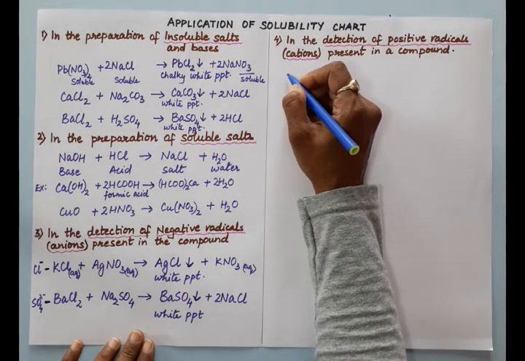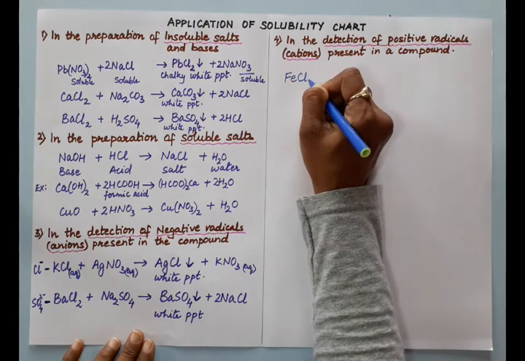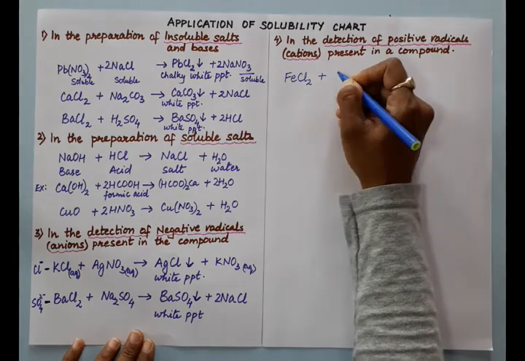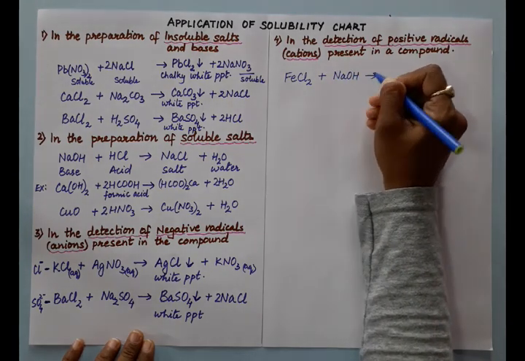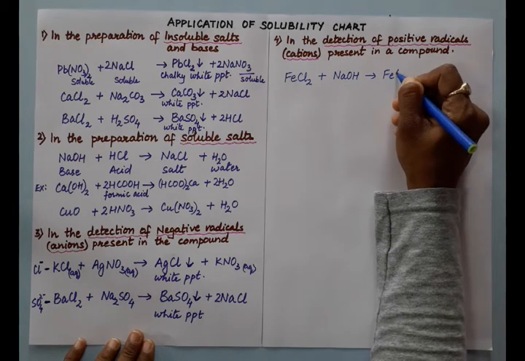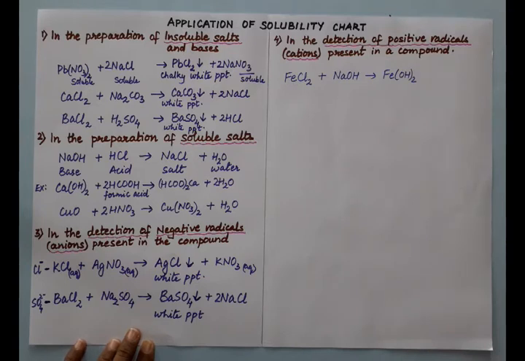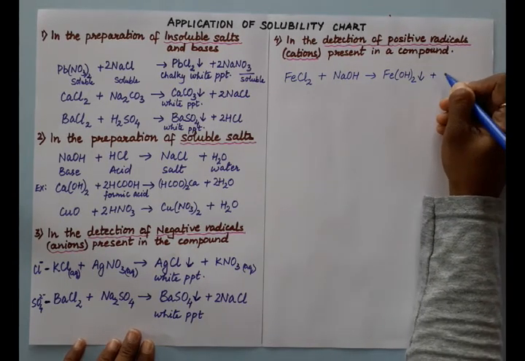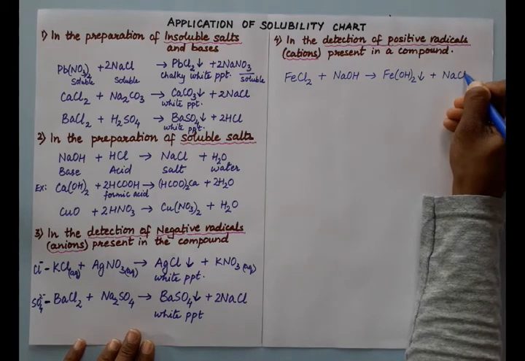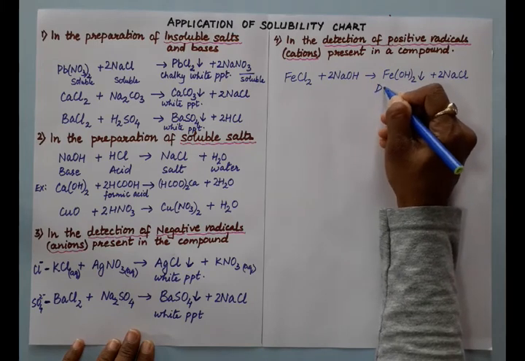We have already studied precipitation reactions. Let us take an example here: an aqueous solution of ferrous chloride. When it reacts with NaOH, we get ferrous hydroxide, a dirty green precipitate, along with NaCl. Now see, this is a dirty green precipitate.